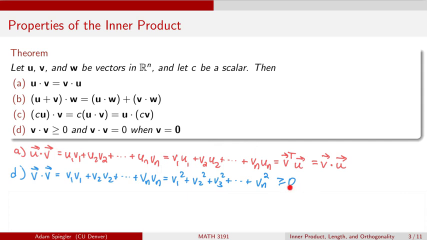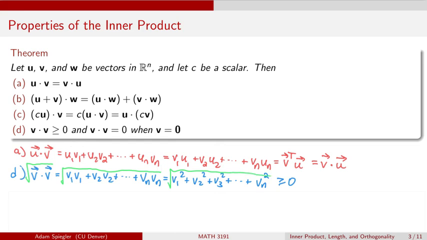And the only way we get 0 is if v1, v2, v3, all of these entries are equal to 0. So in other words, the only way we get 0 is if the vector v is equal to the 0 vector.